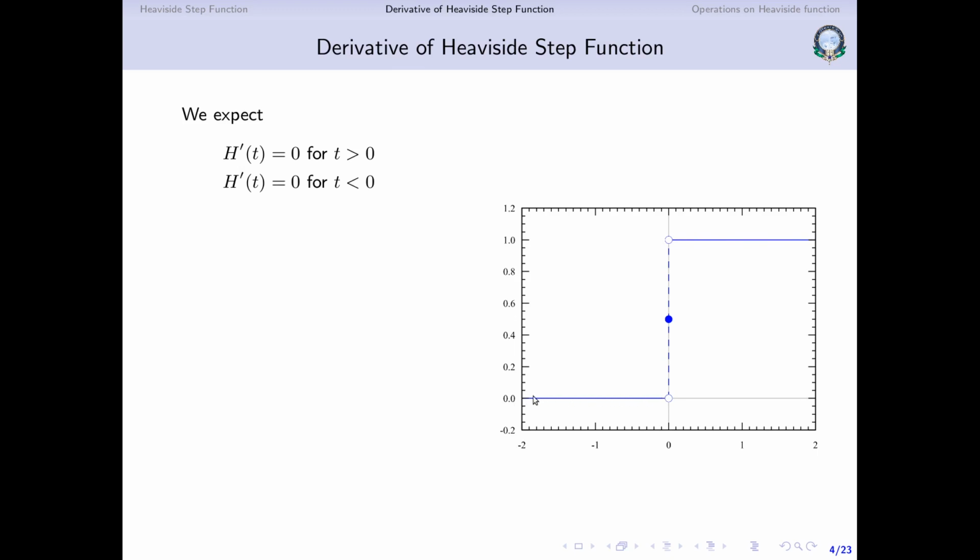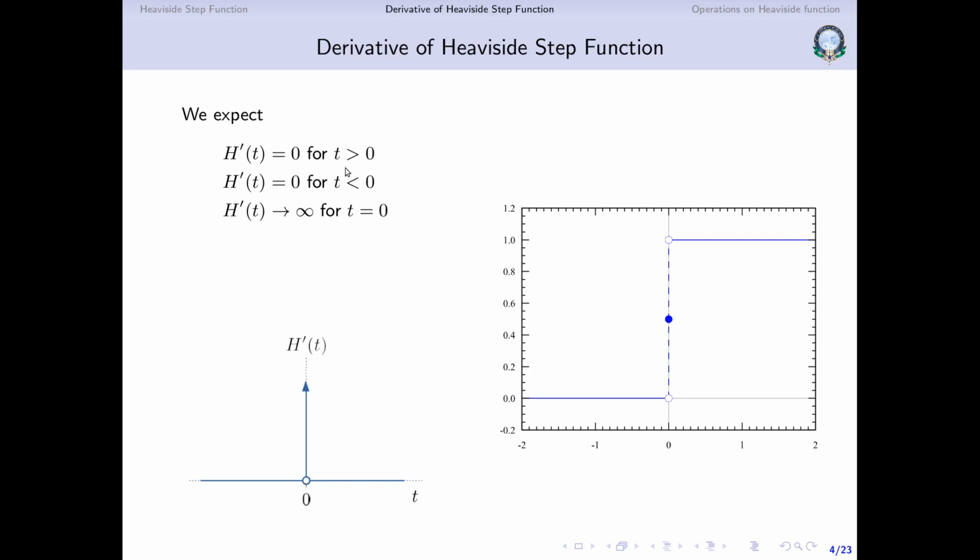For the negative values of t, the derivative of the Heaviside step function again will be 0. But what will happen at t equal to 0? At t equal to 0, the graph becomes almost vertical. So if the graph becomes almost vertical, then its slope will tend towards infinity. So at t equal to 0, the derivative will tend towards infinity.